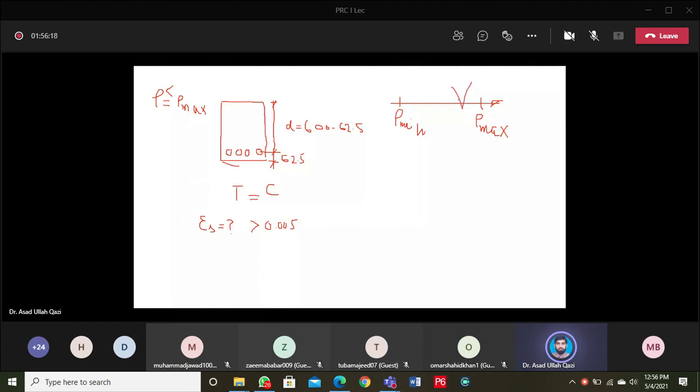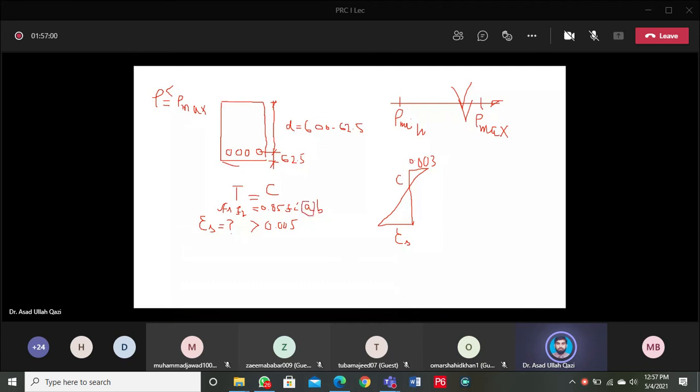But still, if you want to check what will be the strain in the steel bar corresponding to crushing in the concrete, you can do that very easily. What you need to do is just write the equilibrium equation: As Fy equal to 0.85 Fc prime a b, you will get a.